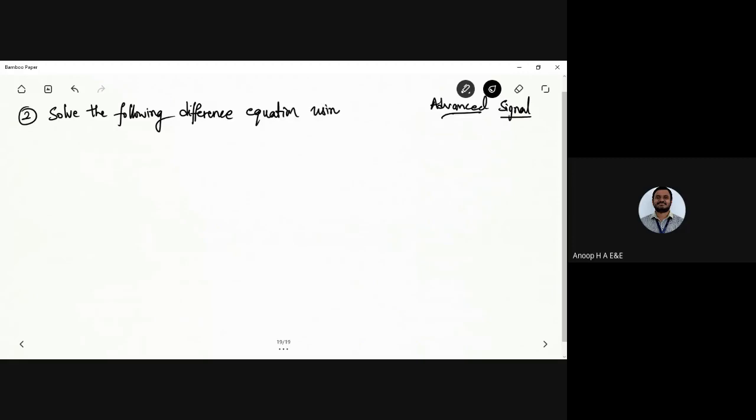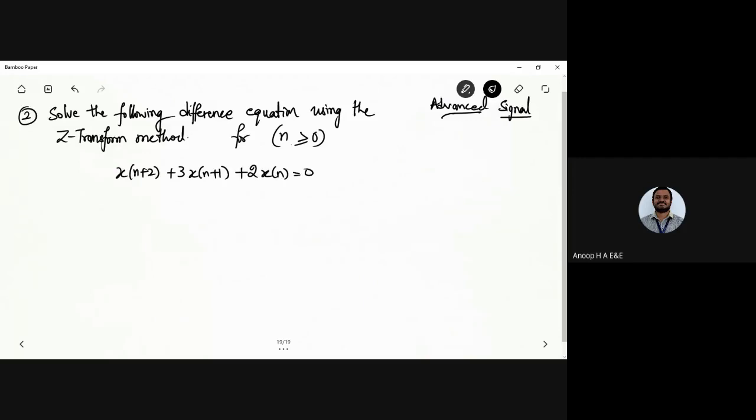Solve the following difference equation using the Z transform method, for n greater than or equal to 0: x of n plus 2 plus 3 times x of n plus 1 plus 2 times x of n would be equal to 0.